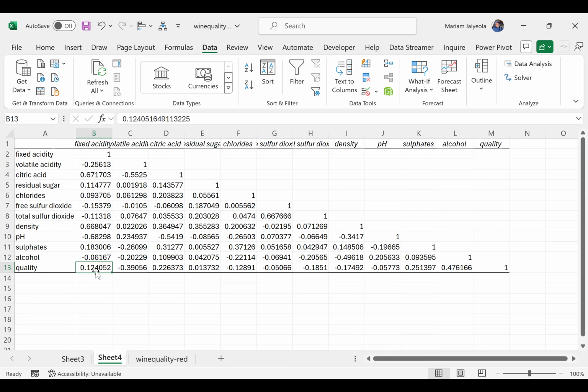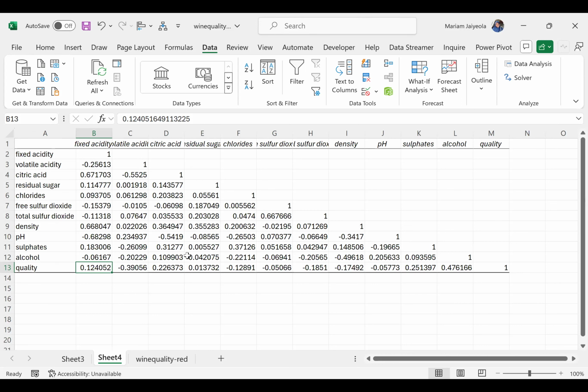We don't know that. We just know there exists a positive relationship. As acidity is increasing, quality increases. That is what correlation tells us: the association, whether direct or indirect. Indirect means inverse.